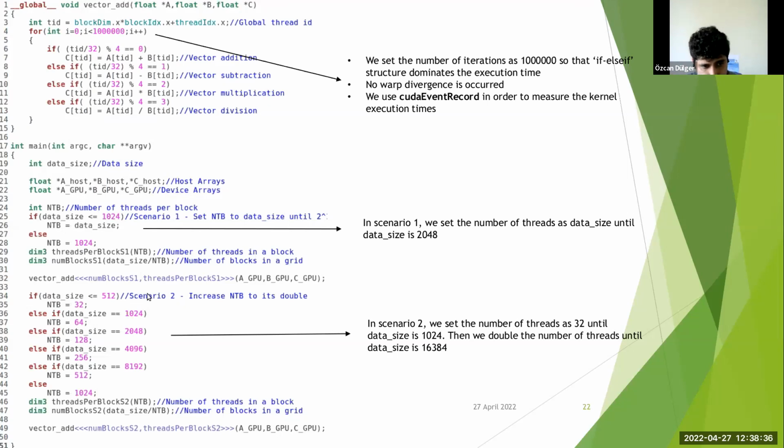In the second scenario, we set the number of threads in a block to 32 until the data size is 2 to the power of 9. After the data size is 2 to the power of 9, we double the number of threads in a block as the data size doubles, up to 2 to the power of 14.